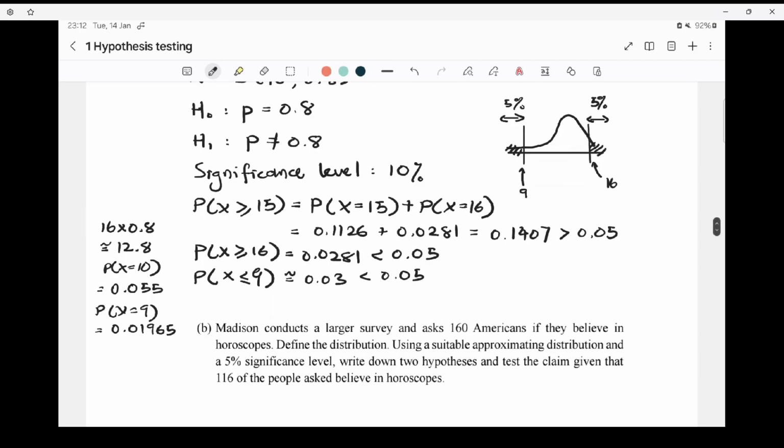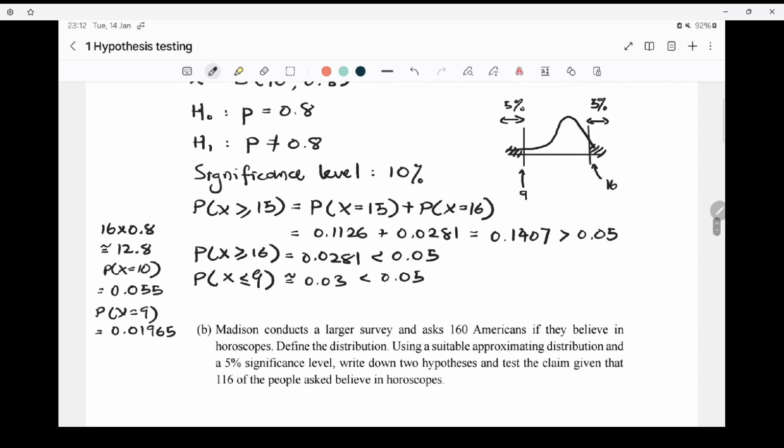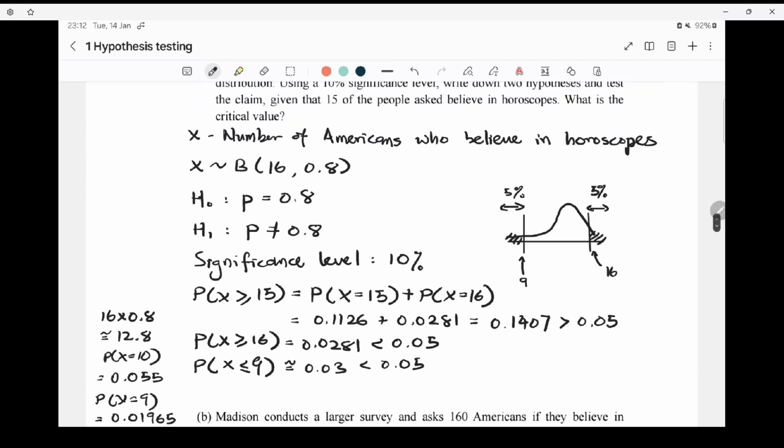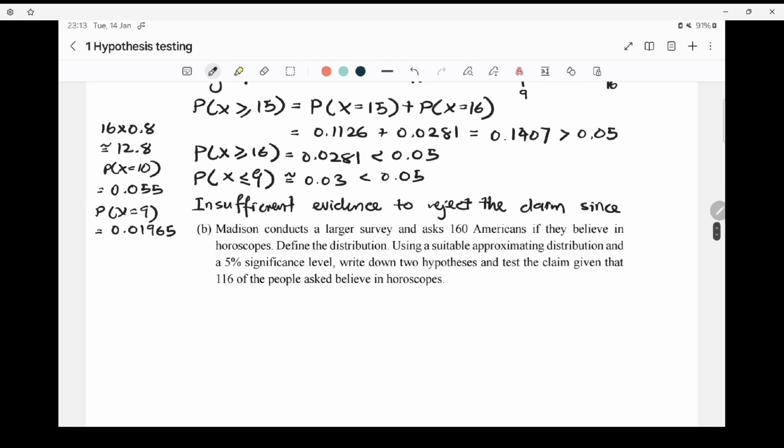So now you have 15 people. So your critical values are 9 and 16, and your n is 15. So do you have any evidence to reject the claim? No, you don't. So you don't have sufficient evidence to reject the claim, since, sorry, I don't have space to write, so I will write down here.